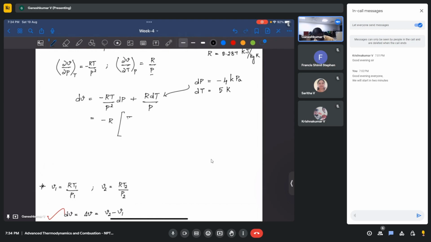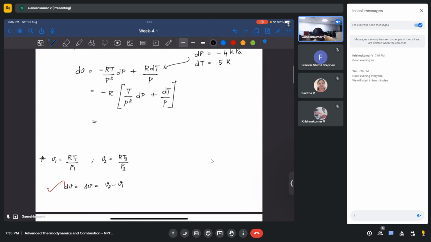So let's say this is T by P square into dP plus dT by P. Let me write it here: minus 0.287 into 10 power 3 into temperature 300 Kelvin, because we are going from the first state to the next state.